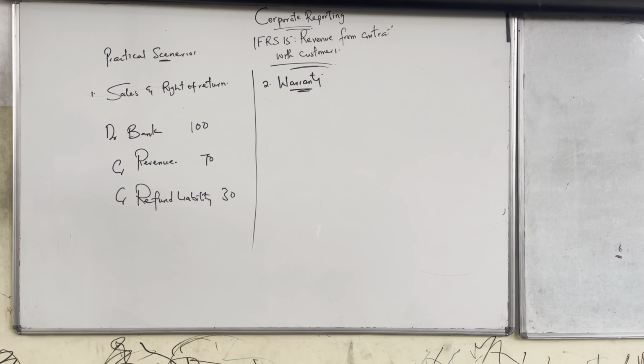Premier Co sells a machine to a customer for 196,000 naira, which is the standalone selling price of the machine. The sales contract includes a warranty that provides assurance that the machine complies with agreed upon specifications and will operate as promised for 1 year from the date of purchase.